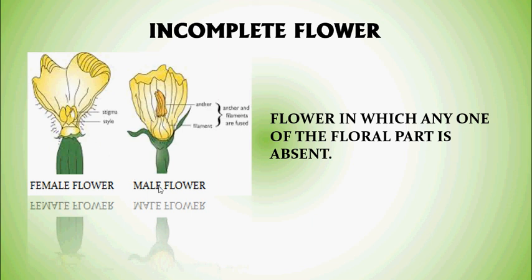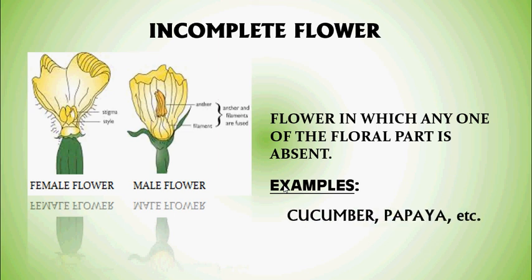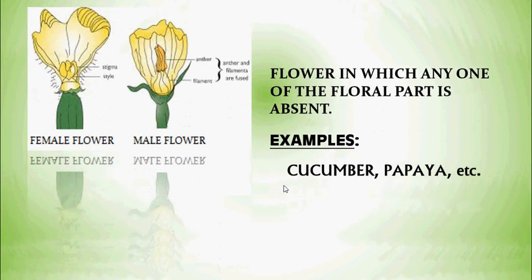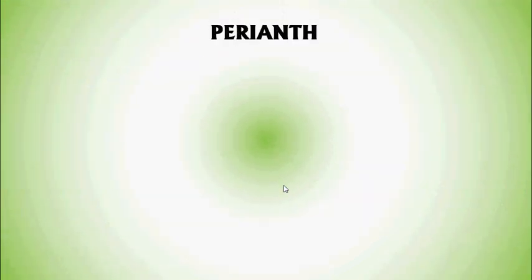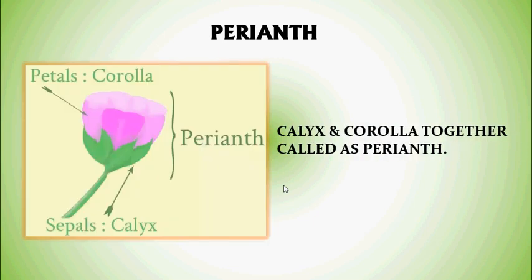In the male flower, the female reproductive part called gynoecium is absent. Examples: cucumber, papaya, etc. Perianth. Calyx and corolla together are called the perianth.